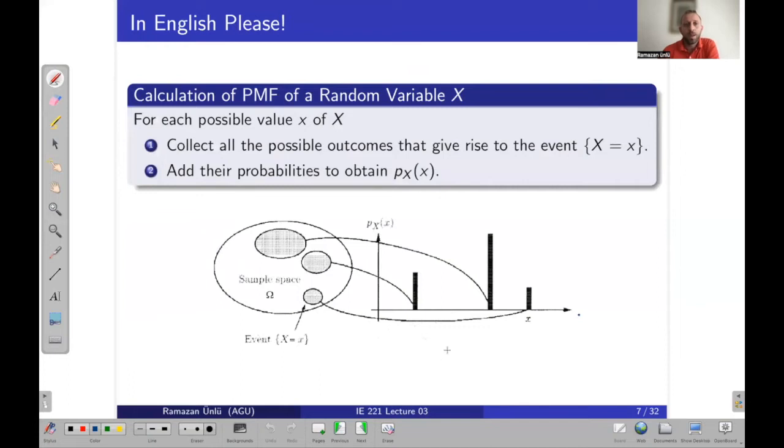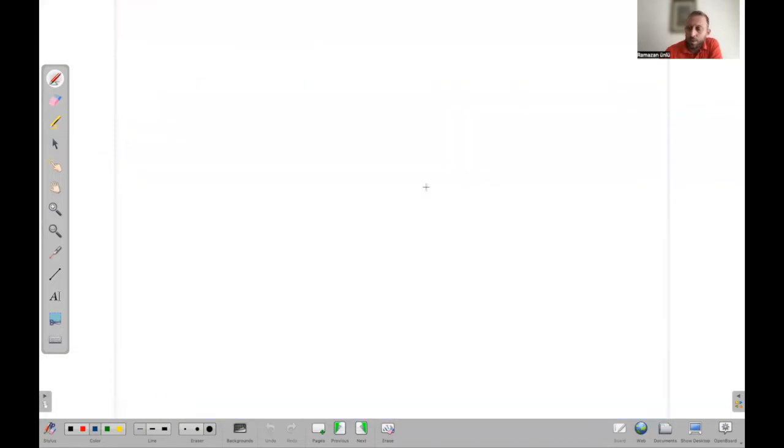But let's look at the calculation of the PMF of a random variable X. For each value x, collect all possible outcomes that give rise to the event X equal to x, and then add their probabilities to obtain the probability of capital X equal to x. Just to make it more concrete, let me give you an example.